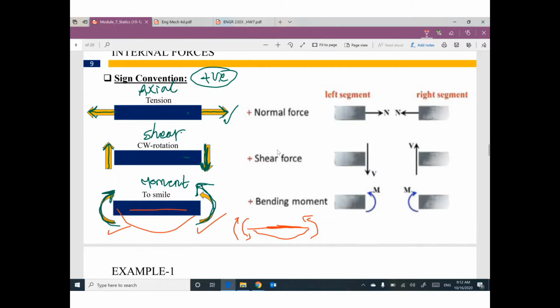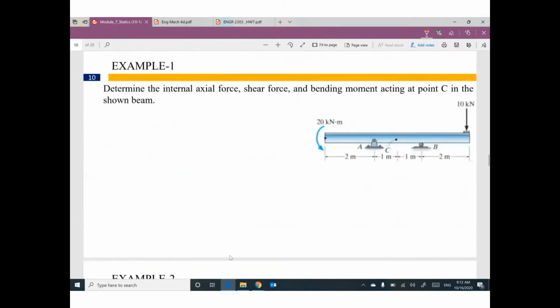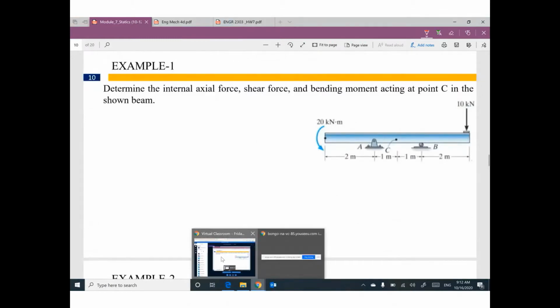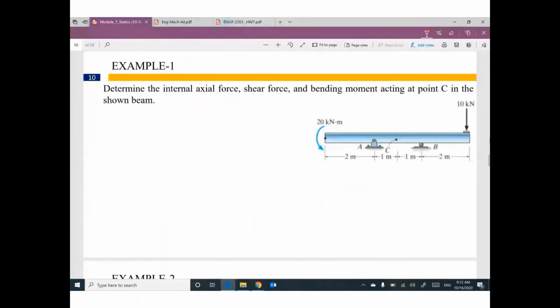Anyway, let's start our first example today to see what's going on. We can expect one problem like this in the coming exam. We have a beam with external forces like 10 kilonewton and external moment 20 kilonewton meter.